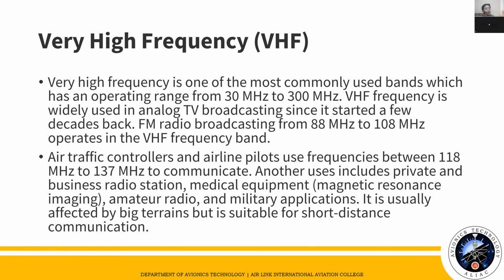Other than aviation, it is used for analog TV broadcasting, FM radio broadcasting, and air traffic control, where airline pilots use 118 to 137 to communicate with each other. It is usually affected by big terrains but is suitable for short distance communication.